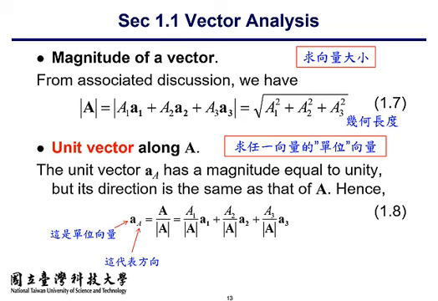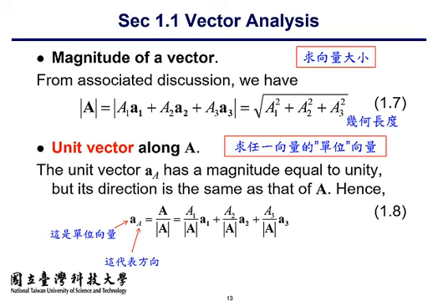So this will suggest the unit vector of the vector A, which can be found by taking the division of the vector A itself with its magnitude. So that will be A divided by the absolute value of A. And more conveniently, it can be expressed as the sum of its projection in the three reference directions.